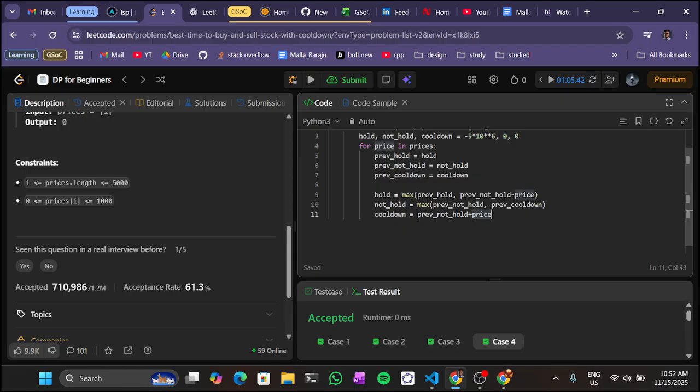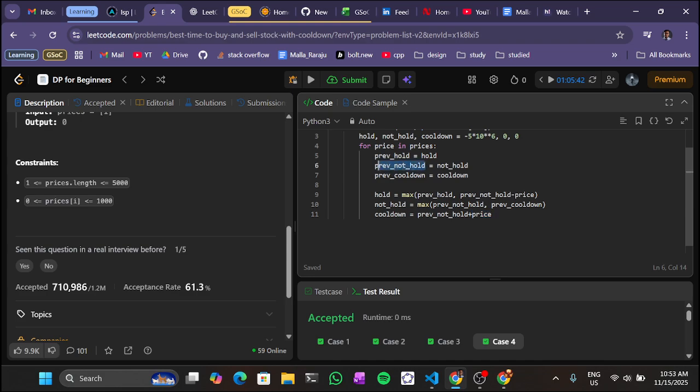And the cooldown will be the previous not holding value plus current price.